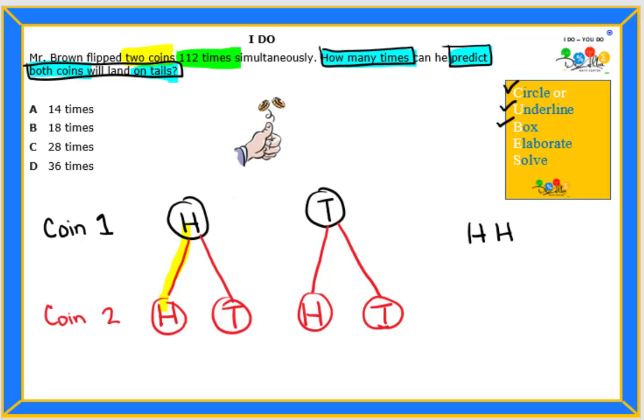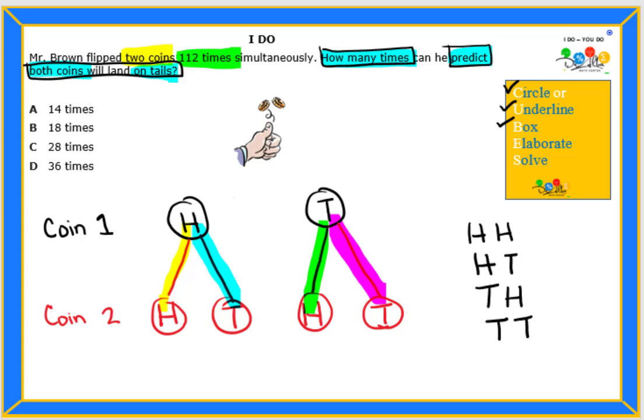I also have heads, tails. I also can have tails, heads. And I can have tails, tails.